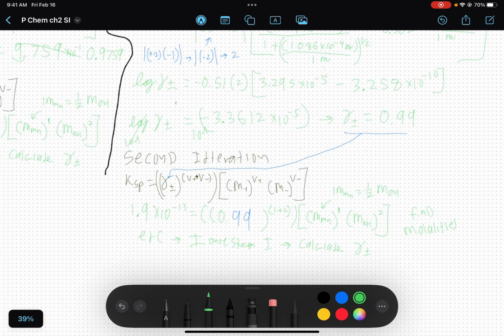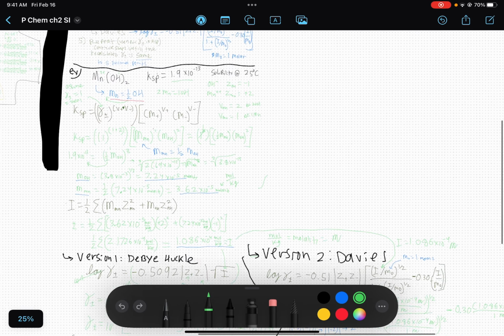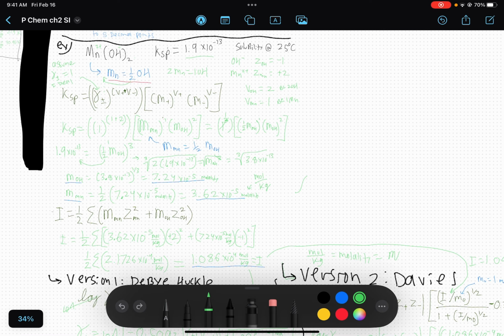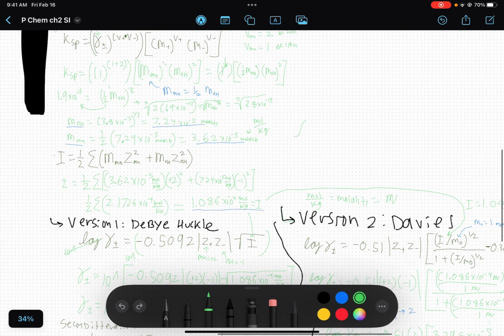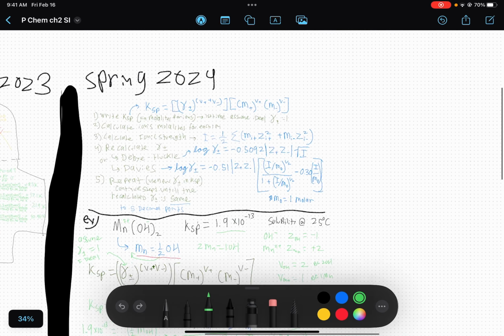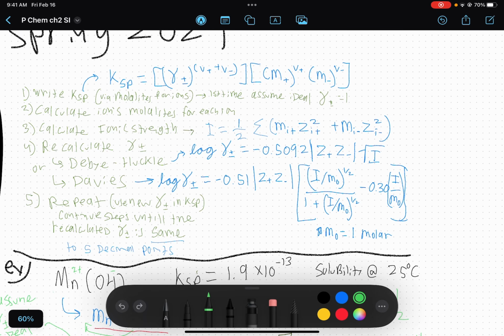Yeah, so that's Davies and Debye-Huckel. This first part's usually the same for both. It's just finding the different ways of finding the gamma. My brain keeps telling me that the gamma is probably the activity coefficient, but that I'm not 100% certain about that.